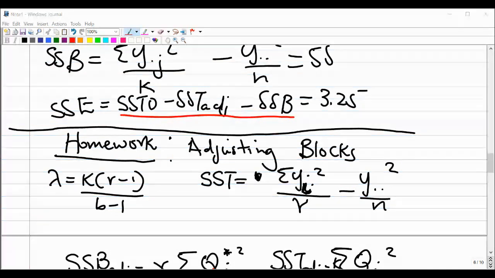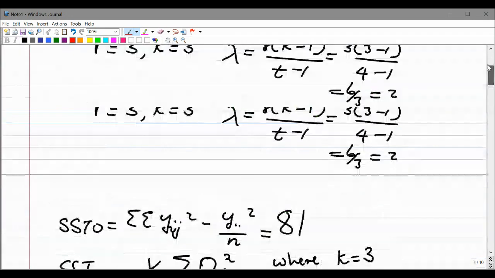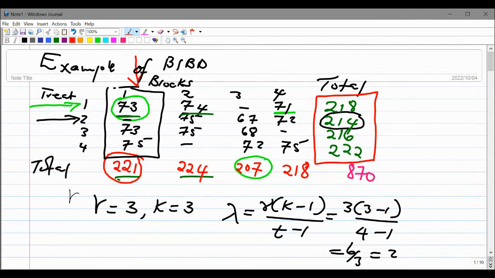Thank you very much. So yesterday, we managed to do an example of balanced incomplete block design, where K is equal to R, where the size of the block is equal to the number of values in each treatment.